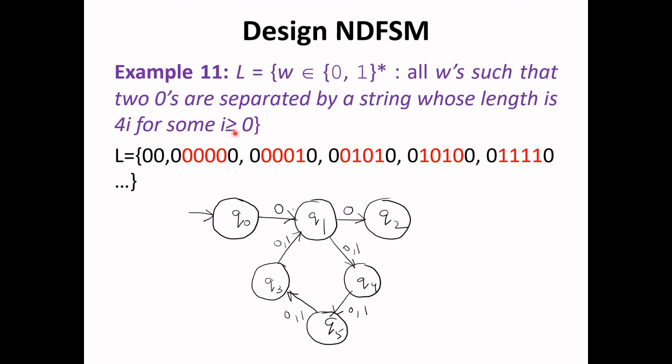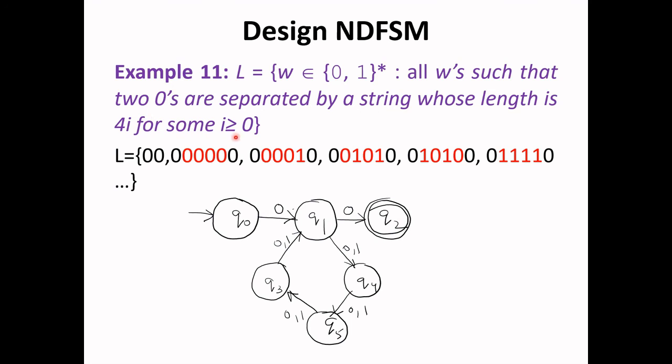If i equals 0, then 0, 0 reaches the final state. So Q2 will be the final state. If i equals 1, then the length equals 4 in between these two zeros: first 0, then a string of length 1, 2, 3, 4, then the second 0.